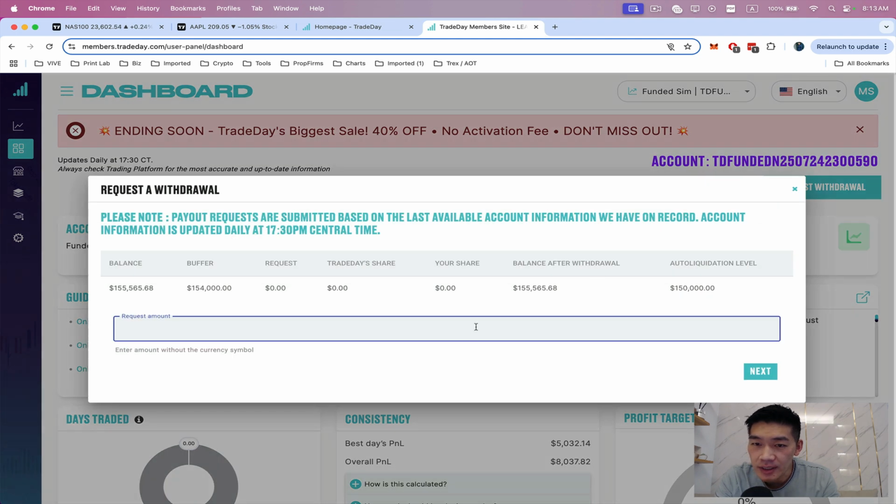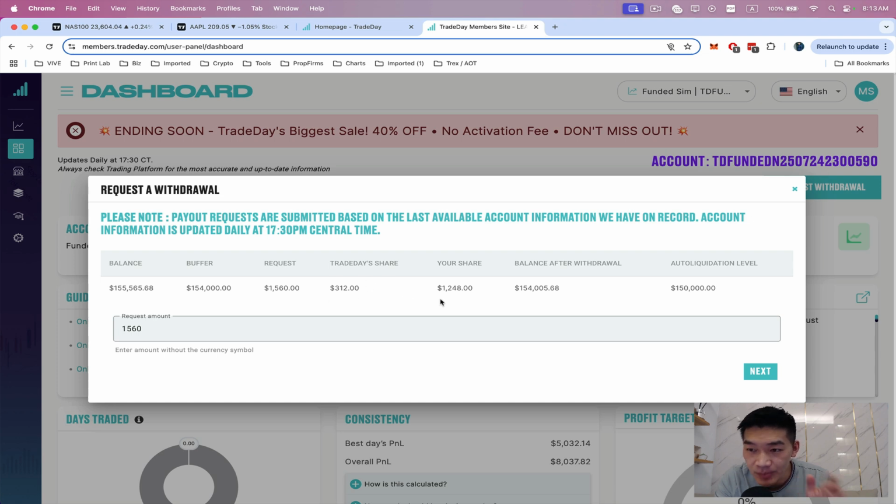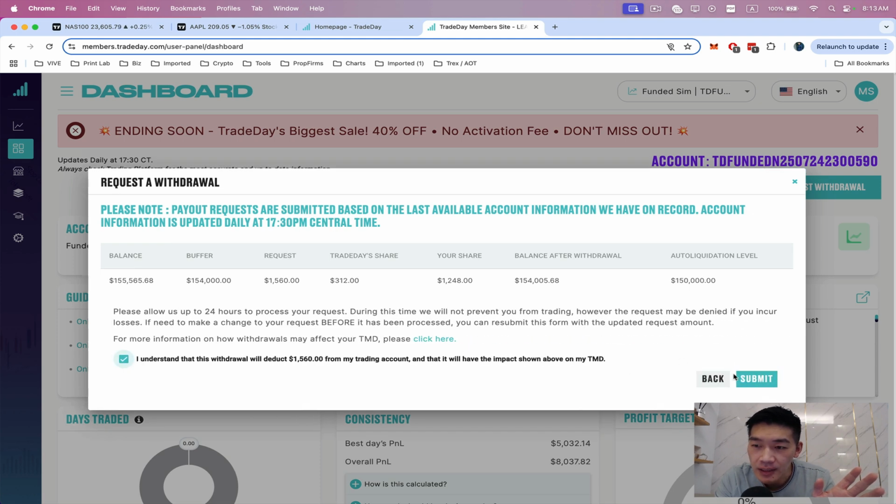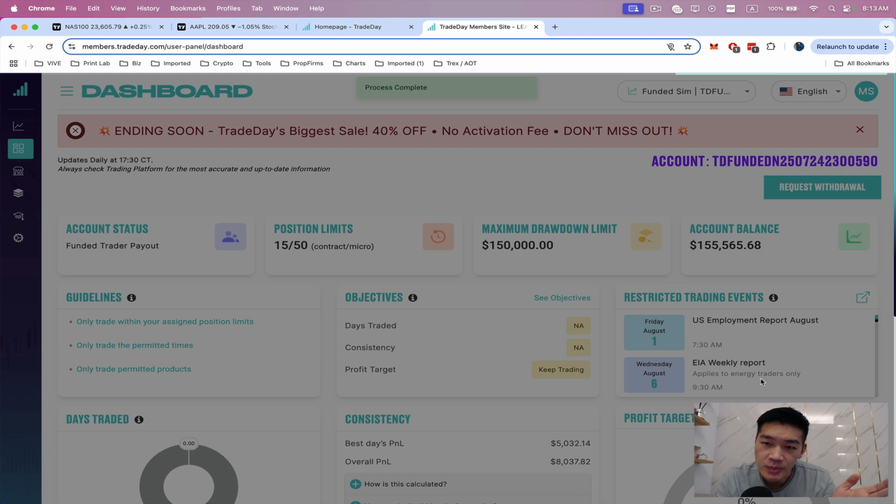So I can go ahead and just do, let's say, 1,560. 1,560, and my share is 1,002. So $300, because of the 80-20 split, will go back to TradeDay. So let's go ahead and withdraw that amount and then submit.